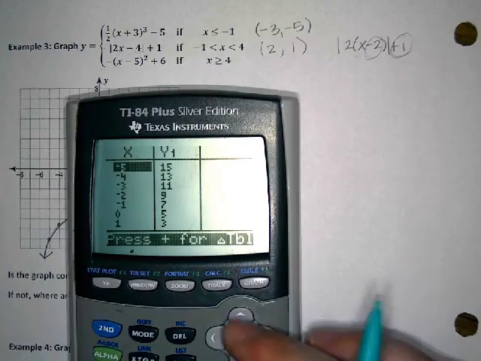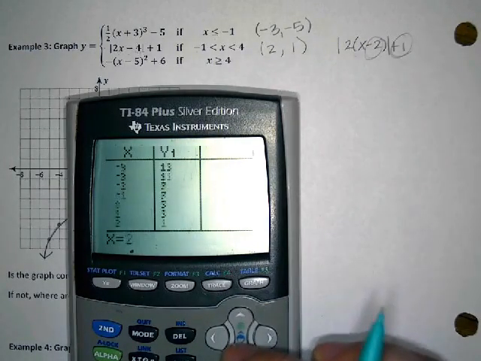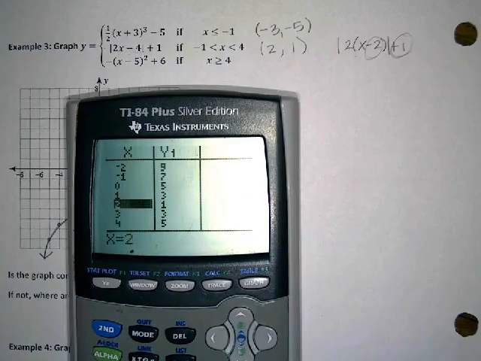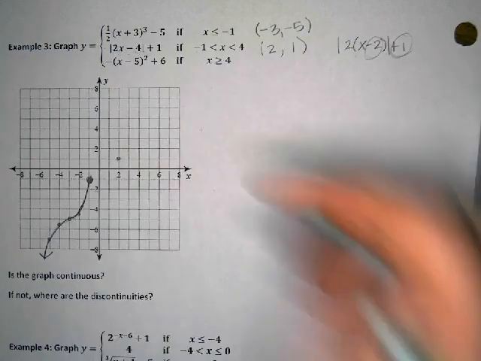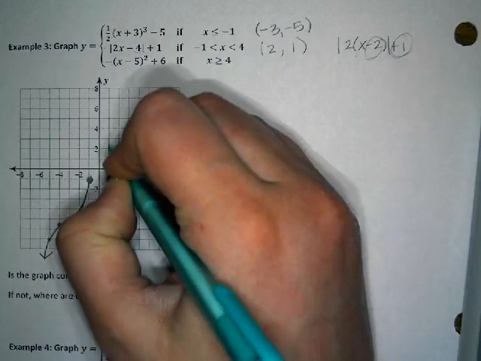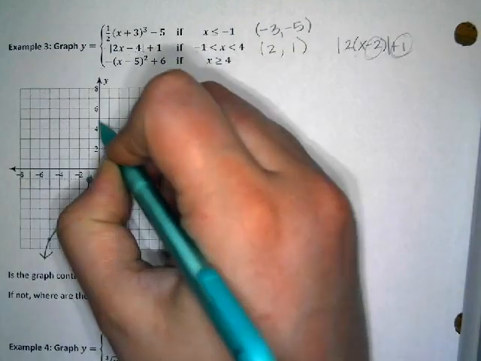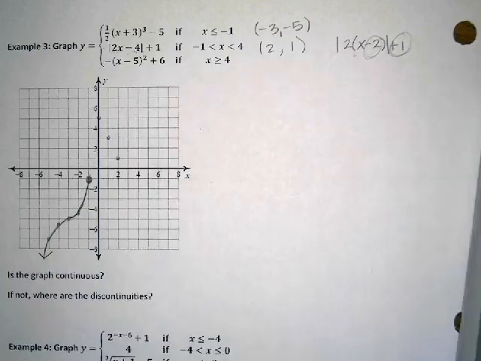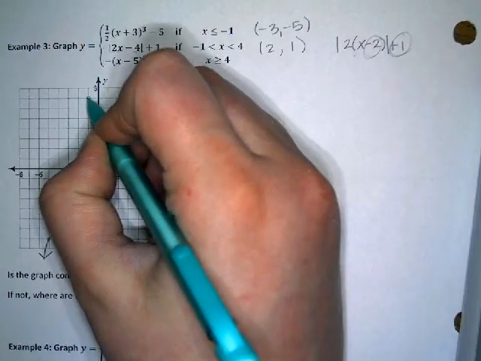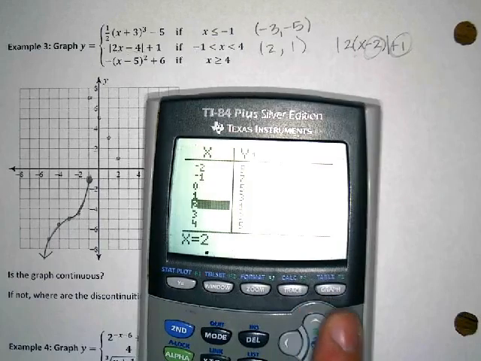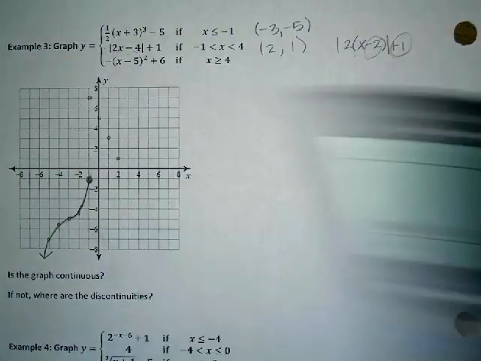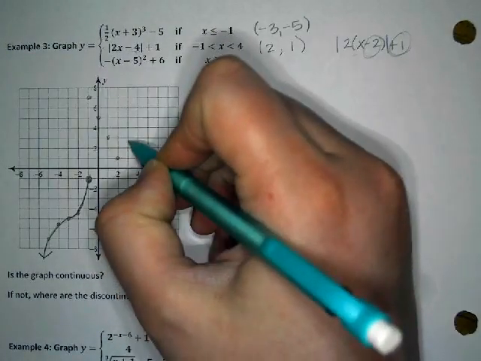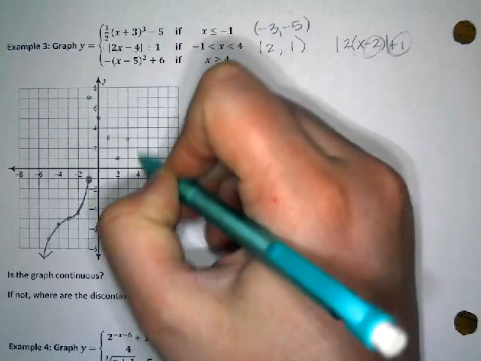Then I've got 1, 3, 0, 5, negative 1, 7, 3, 3, 4, 5, 5, 7.